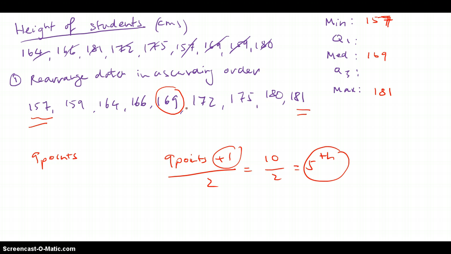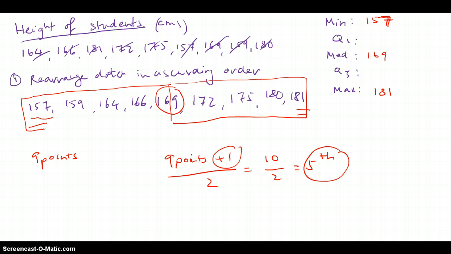Now what we need to do with this next bit is say, how do we calculate the Q1 and Q3? So this becomes a bit more difficult in a sense, but if you can break these data points up into two halves, what you can see is that your upper half is going to be 169 to 181.